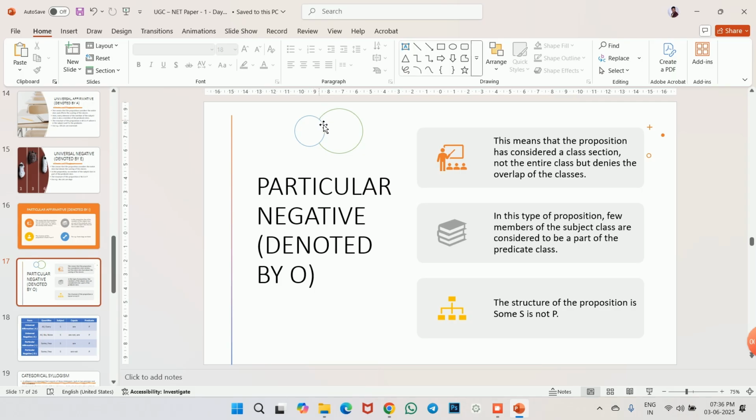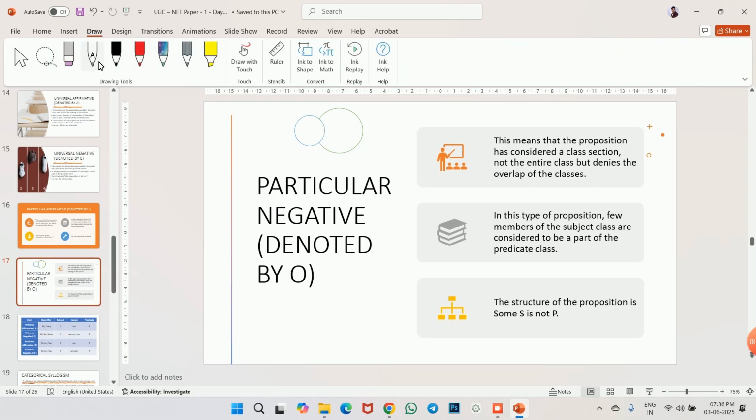But for particular affirmative, this crossing part is considered, whereas for particular negative, these two parts are considered. So same circles, in the Venn diagram style. This is how they are considered.